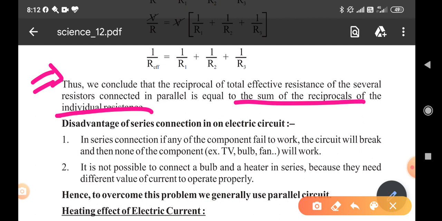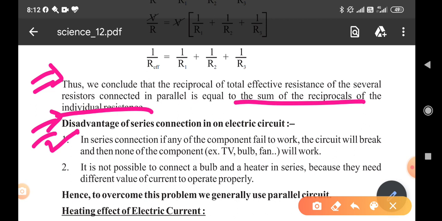In previous two topics, we studied about the series and parallel connection. Now let us come to know the disadvantage of series connection in an electric circuit. First of all, in series connection, if any of the components fail to work, then the circuit will break and none of the components will work.